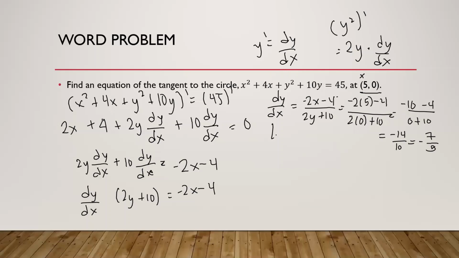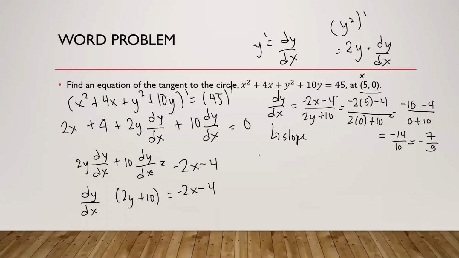So, ito po ang slope. Yan dy over dx kasi yun yung rate of change natin. So, we can label it as a slope when we're going to find the tangent. Kasi yung tangent, linear equation siya.